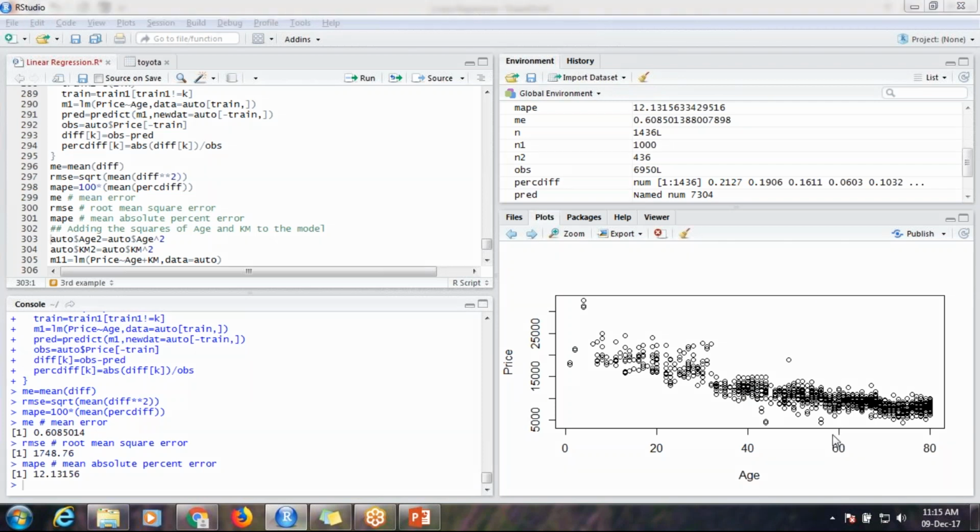So it is not a linear one. It might be varying somewhere like this. Could be highly possible. So let me do one thing. Let me take the square of the age, and with that let me try to predict how much variance I'm able to explain.